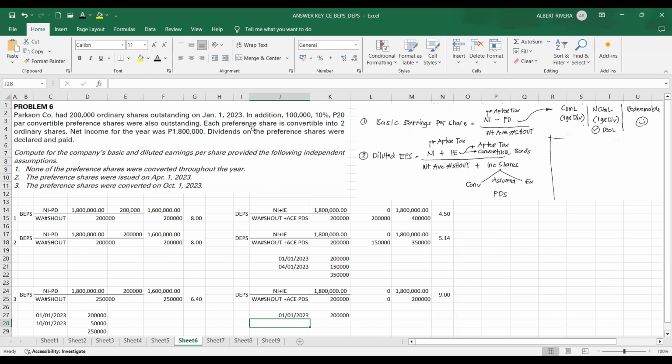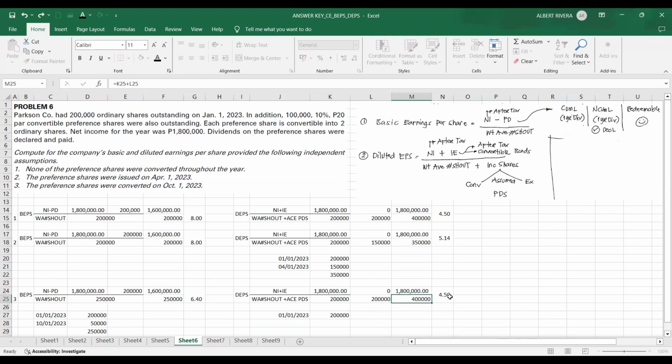Di ba? January 1. Because this is the time when the preference shares were issued. Wala nga tayong pakialam sa actual conversion. Kasi ang formula nito ay assumed conversion lang. So, yung denominator parang ito. 200,000 here, 200,000 din dito. And this is what? The assumed conversion.